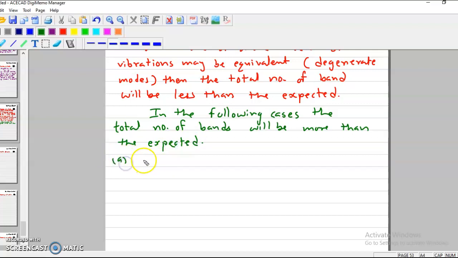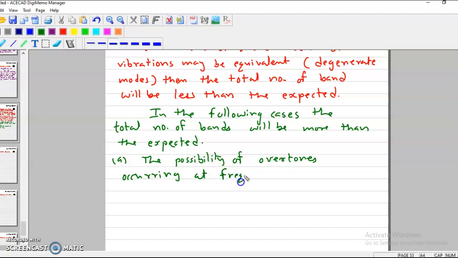The first condition is the possibility of overtones occurring at frequencies 2v1, 3v1, where each v1 represents a fundamental mode.